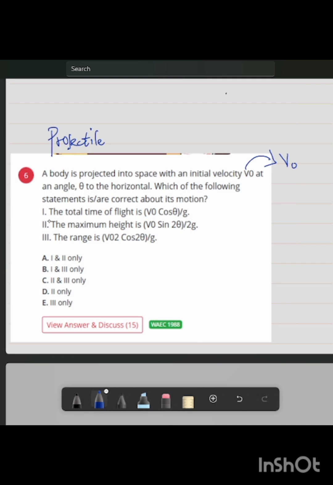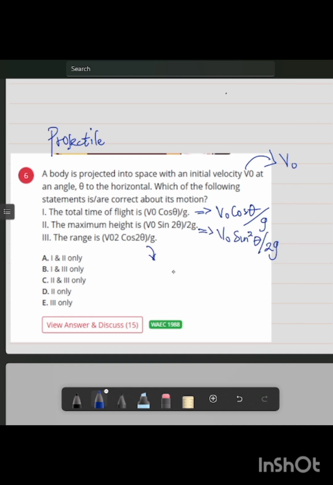We have here: the total time of flight is given by v subscript o cos theta all over g, which is not the case. Then v subscript o sine square theta all over 2g.